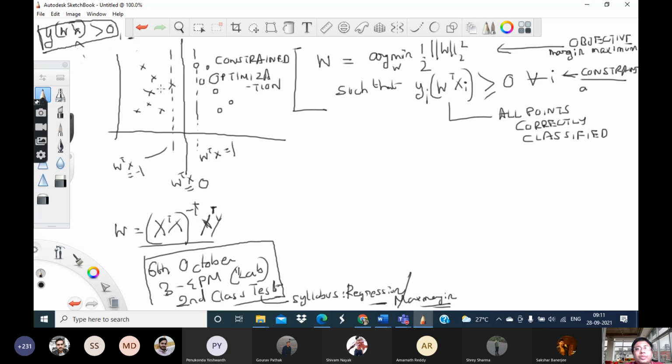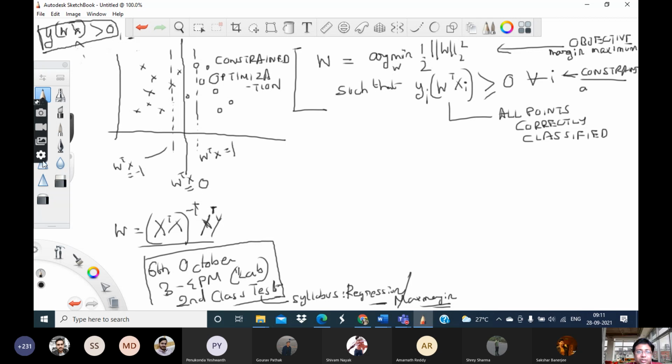I am not only satisfied by correctly classifying all the points with respect to this line. I also want all the points to be correctly classified with respect to the marginal classifiers. That is, I do not want any points like this to exist. These points will still be correctly classified with respect to the line W transpose X equal to 0, but not with respect to the marginal classifier.